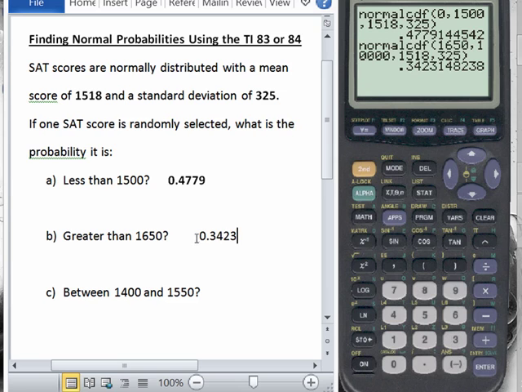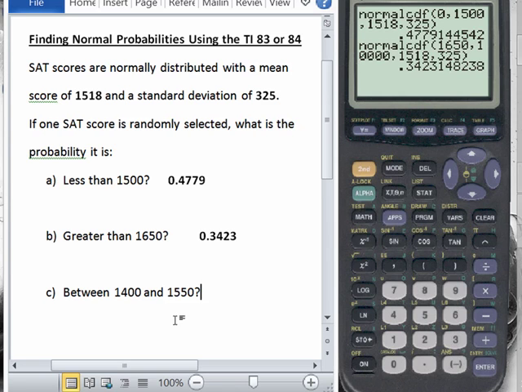So the probability that that randomly selected score is greater than 1650 is 0.3423. Well, 34% chance that that score is higher than 1650.